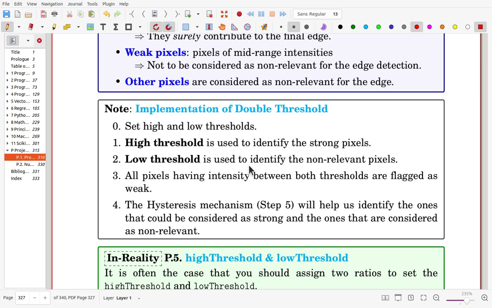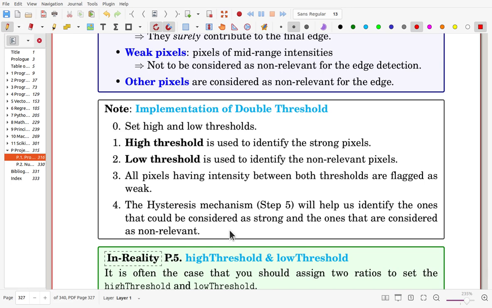All pixels with intensity between both thresholds are flagged as weak. In the fifth and last step, the hysteresis mechanism will help us identify the ones that could be considered strong and the ones that are considered non-relevant.